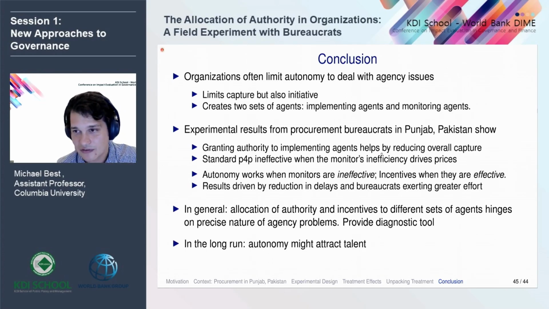And this leaves a very interesting open question: when you change the provision of autonomy in a public organization like this bureaucracy, that might actually change the types of people who choose to become civil servants or who choose to become monitors within the bureaucracy. And that could lead to very interesting effects that change a lot of the things that we've been studying here. Thank you very much.